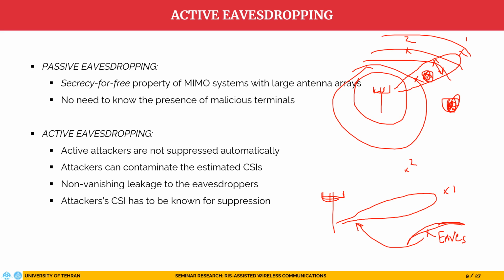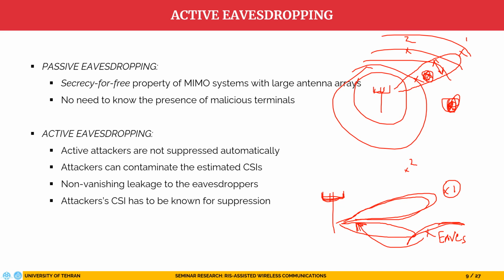The eavesdropper sends an active attacking signal to the base station and contaminates the channel state information. So the channel estimation for user 1 is calculated incorrectly by the base station. Instead of just sending the signal to user 1, it also sends the signal to the active eavesdropper. This is the point in active eavesdropping.